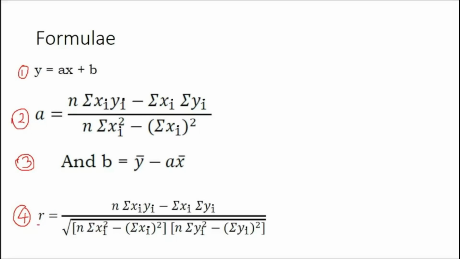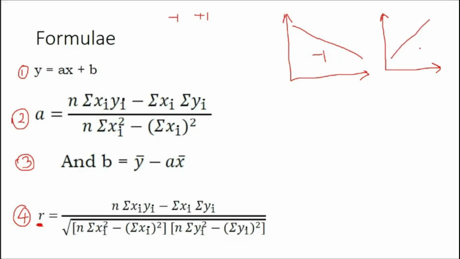Do you remember what r is? We have seen this r before. We need to calculate r today. If the value of r is near to -1 or +1, consider that linear relationship exists between two parameters x and y. If the line is like this, you will get -1 as the value of r, and if the slope of the line is like this, you will get +1 as value of r.